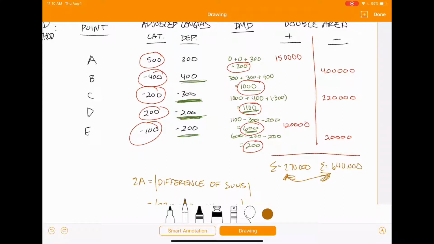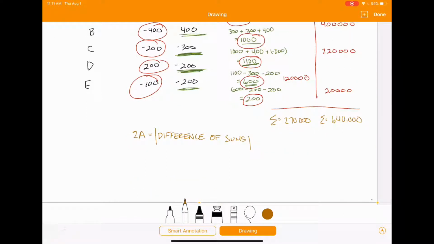So the difference of those is going to be equal to 270,000 minus 640,000, which is going to be equal to 370,000, and that's feet squared.